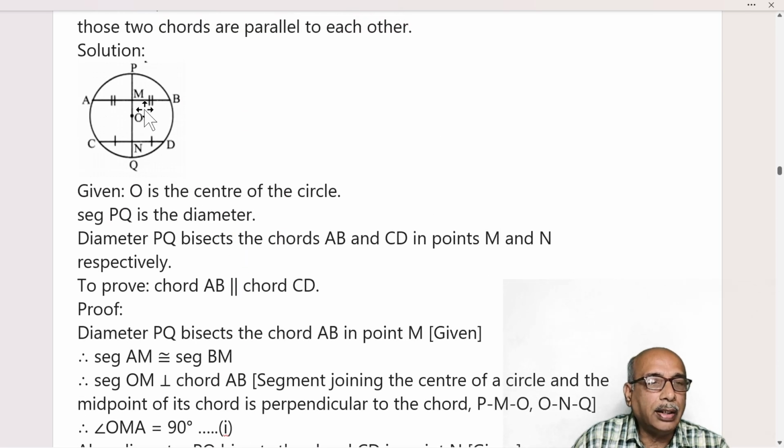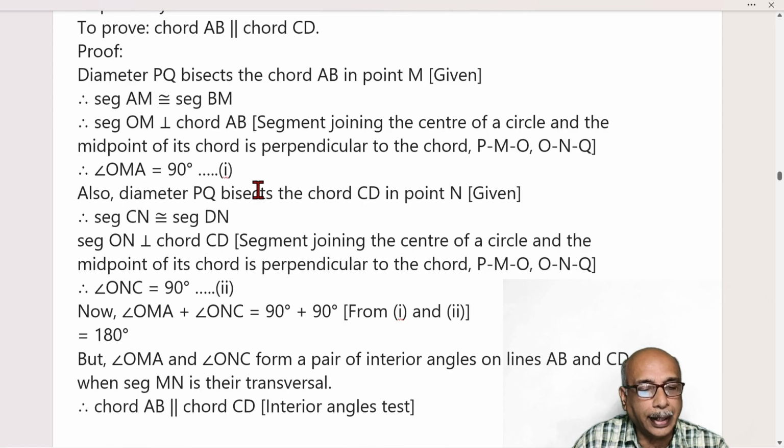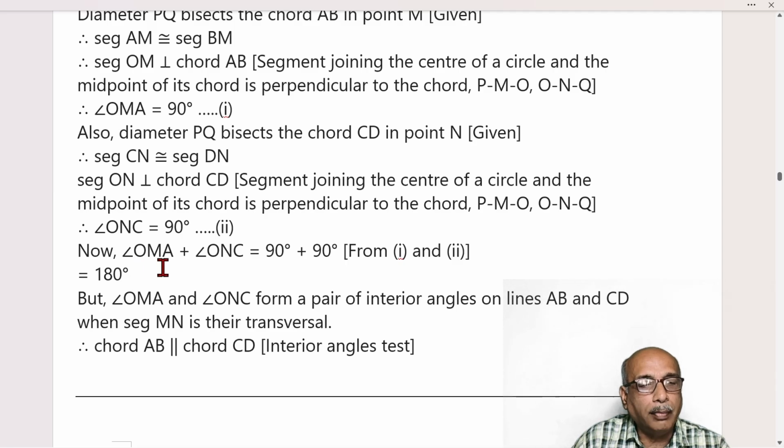Now here you see angle M you have proved 90 degrees, angle N you have proved 90 degrees, but these two angles form a pair of interior angles. Angle OMA plus angle ONC equals 90 degrees plus 90 degrees, from equations 1 and 2 above, equals 180 degrees.